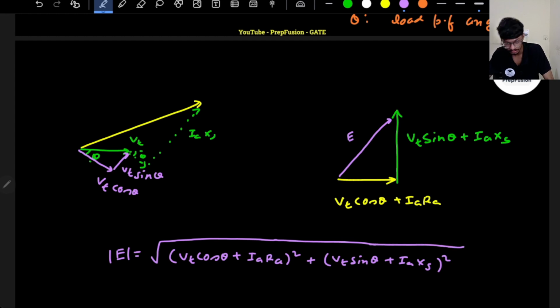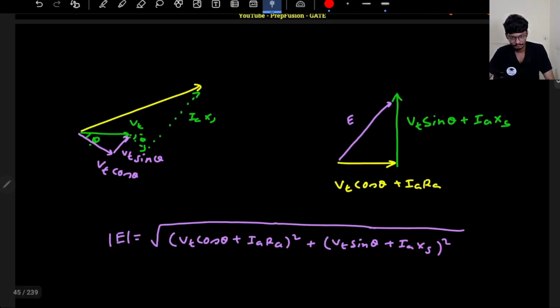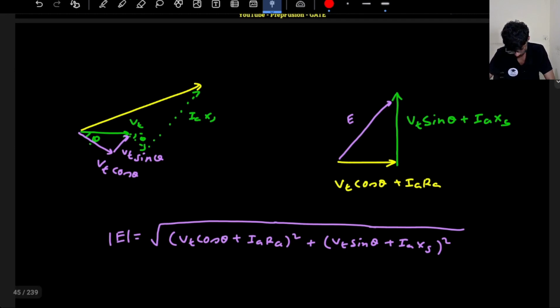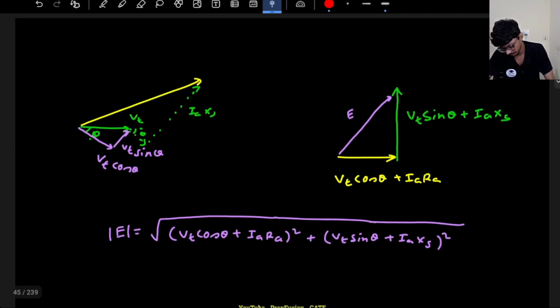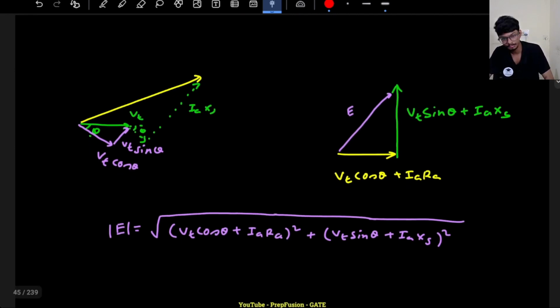Now this is for a lagging load. What will happen for a leading load? We will see that. For a lagging load it is very easy to understand, because the armature reactance and the leakage reactance are both in the same direction, both having a demagnetizing effect. So this will be the value of E.